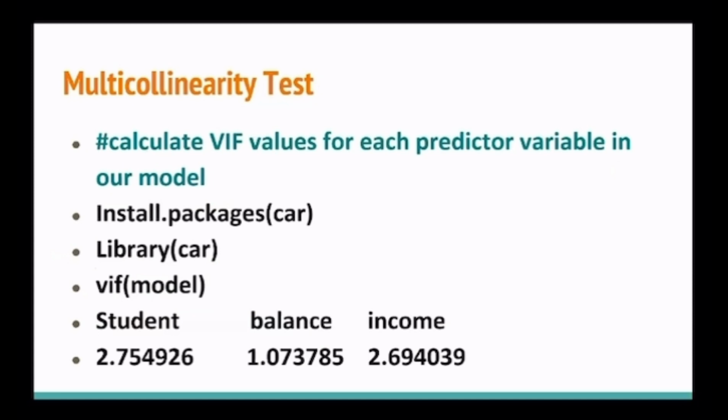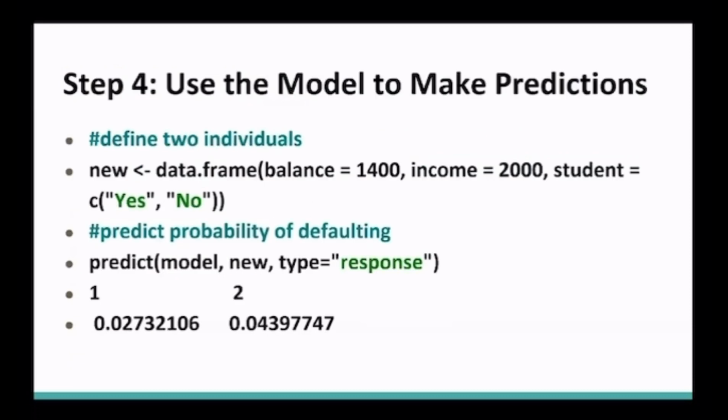If any VIF is greater than 5, that's problematic. But what can you see now? All of them are less than 5 for student, balance, and income, which means there is no problem of multicollinearity.